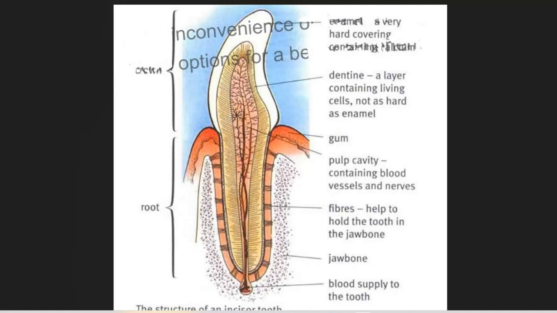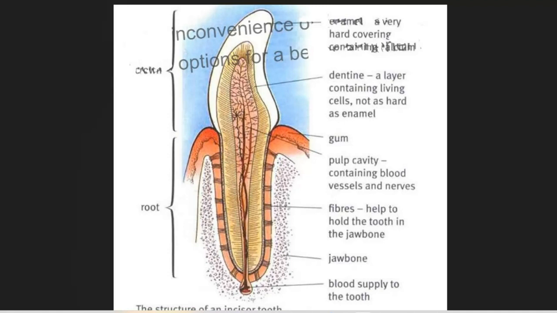So this is the whole structure of a tooth. First is the outer covering, which is enamel, just there to keep everything else safe inside because those are very delicate things. Dentine is the layer containing the living cells. The living cells are provided blood supply by the pulp cavity, which contains the blood vessels and nerves.